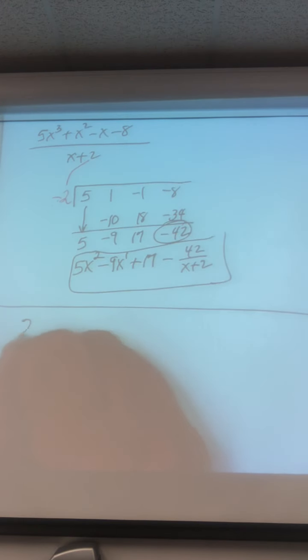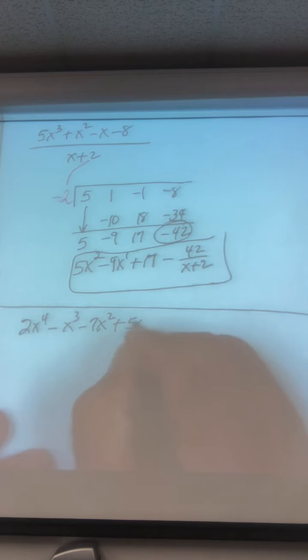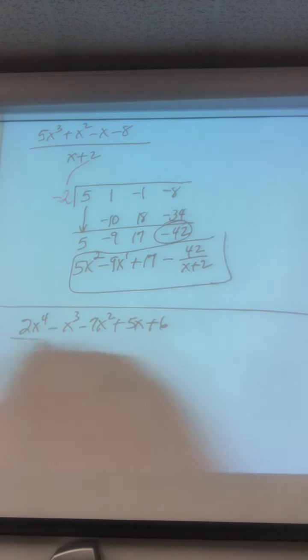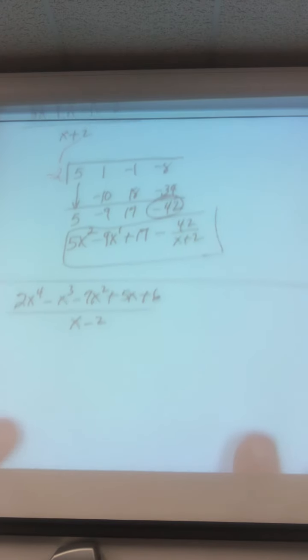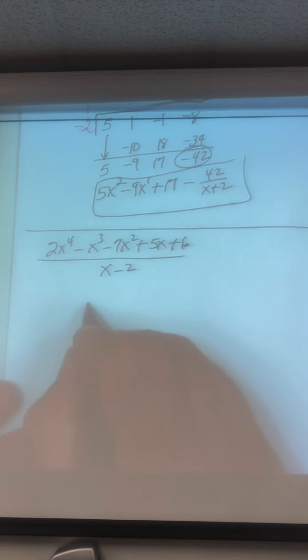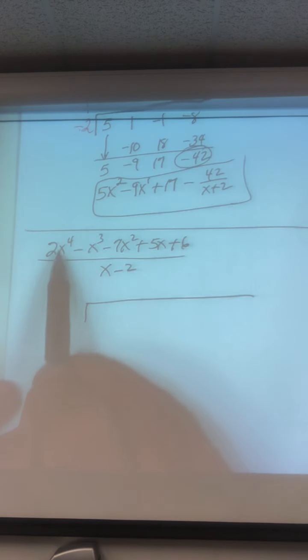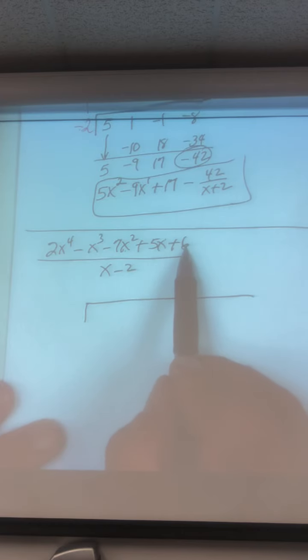All right, let's do 2x4 minus x3 minus 7x2 plus 5x plus 6 over x minus 2. All right, start out, synthetic division. x4, x3, x2, x1, constant.